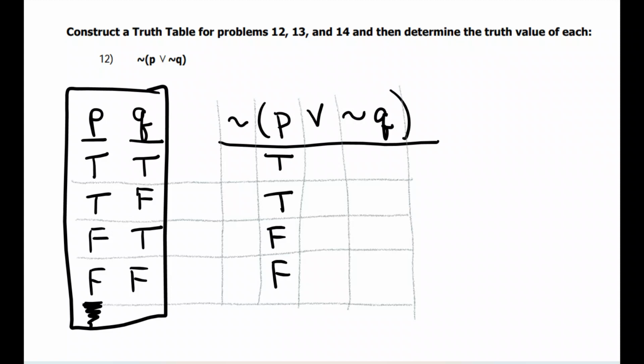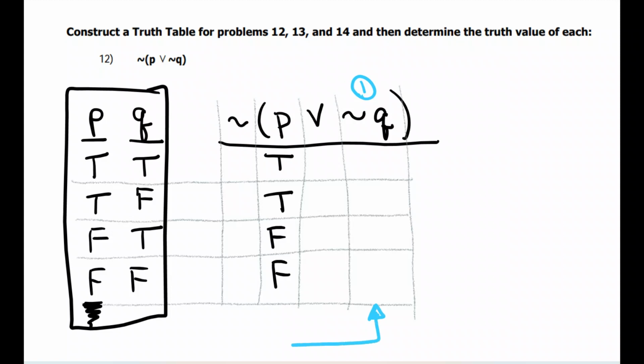The other 3 columns I'm going to have to calculate. And so the first one will be inside the parentheses, it'll be this negation. You have to start in the parentheses, and there are 2 connectives, the OR and the negation. You have to do the negation first. So that's why I put that negation Q together. It just tells me do that first.